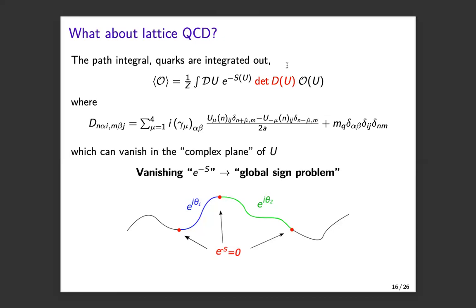So even if you have no sign problem locally, you may still have a global sign problem because the two segments can cancel with each other. So this is naively why we think that unfortunately for QCD, we may intersect these zeros so that we cannot get away from the global sign problem.